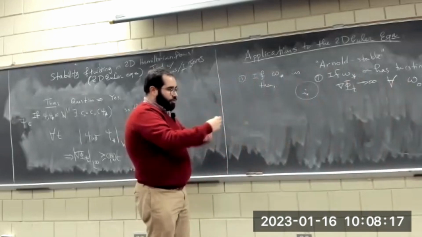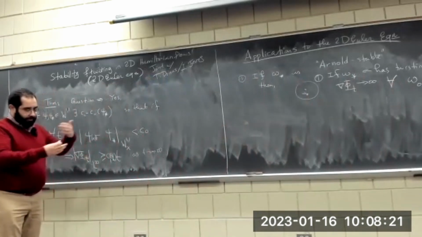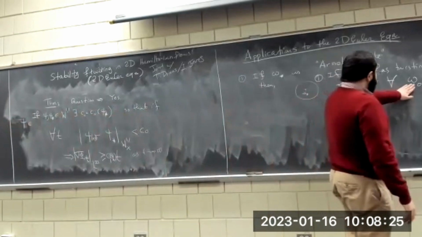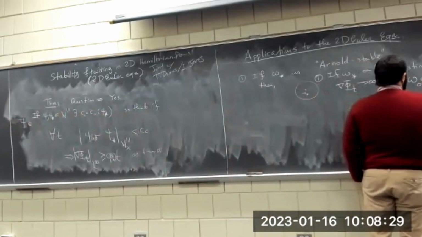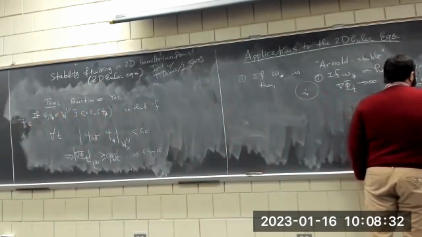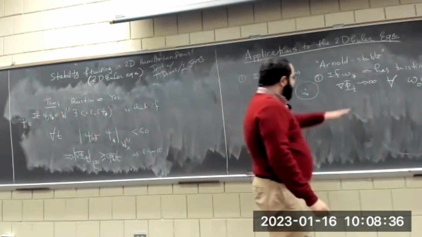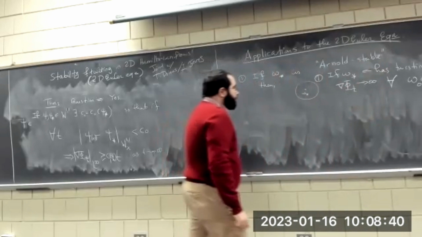So the Euler equation produces the psi dynamically, right? But if you have any point that starts in a small enough ball around omega star, its flow map that's produced nonlinearly has to go to infinity.